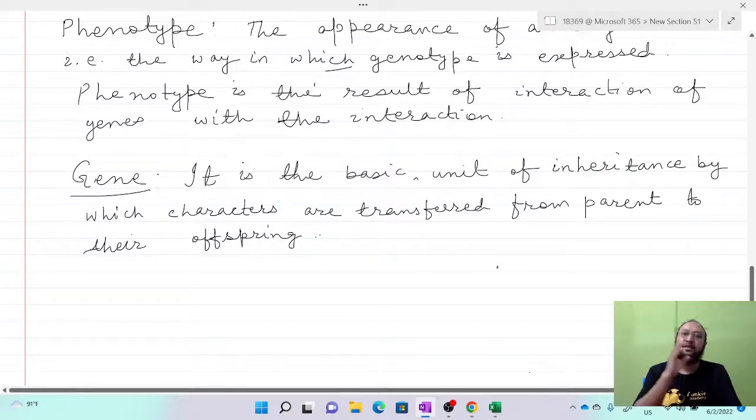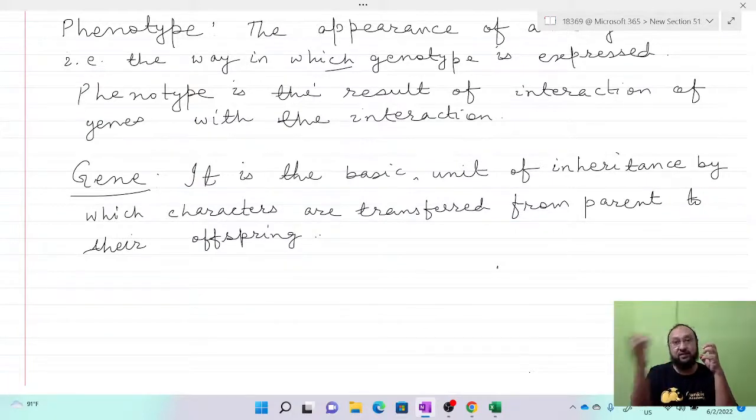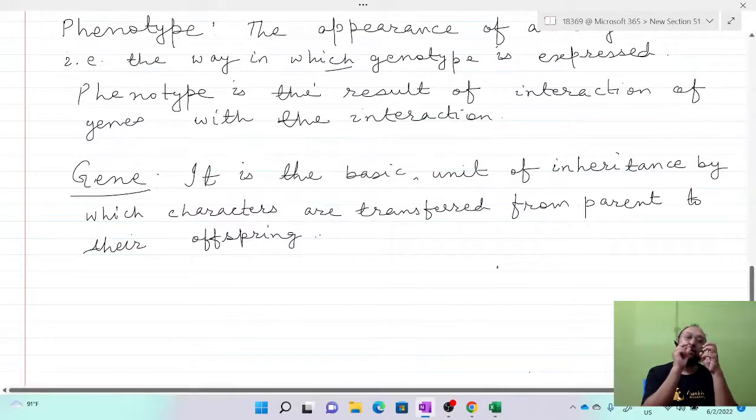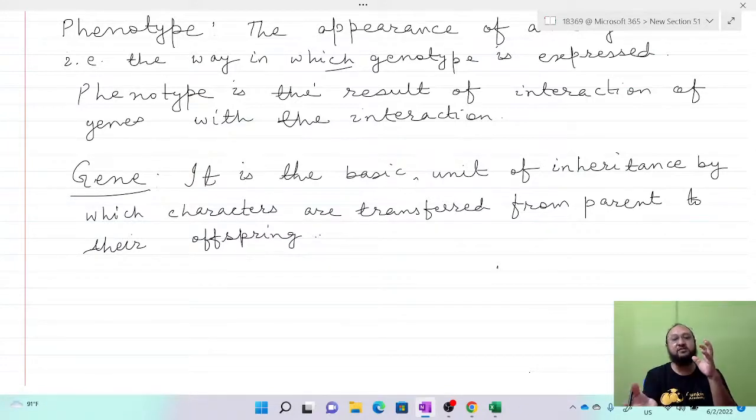So it is a unit of inheritance. When characters are transmitted from parents to offspring, the gene plays the main role. Genes direct the appearance of the characters in the next generation, in the offspring.